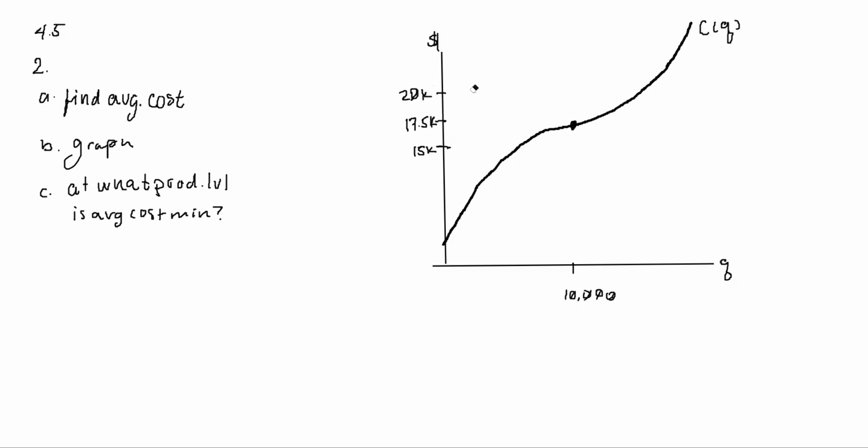So we need to find the average cost when the production level is equal to 10,000. What does that mean? I do know that average cost is C of Q over Q, and C of Q is the total cost, and Q is the quantity, so it's the total cost divided by the quantity. So that's going to be per unit, right?